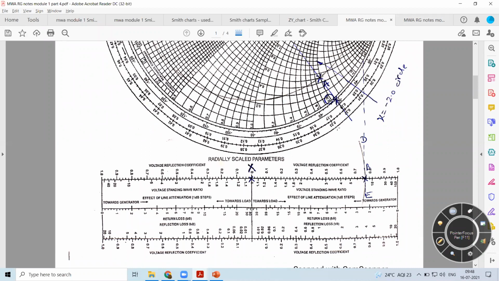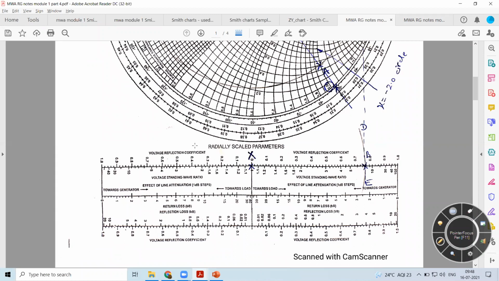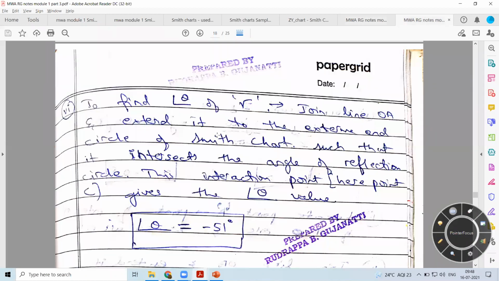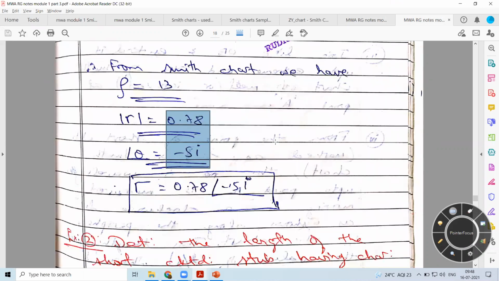How do you obtain the VSWR measurement over here? You can use the voltage standing wave ratio scale over here, and then try to drop it on. For that, you will be obtaining the value of the voltage standing wave ratio.